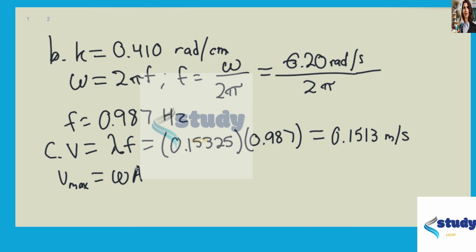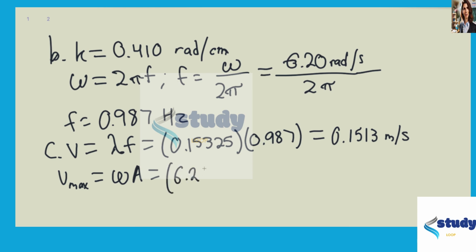This is why we have a different equation. The speed of the bobber is actually the velocity in the y direction, so it would be defined as a point on the wave. So here the maximum velocity would be the amplitude times the angular frequency.